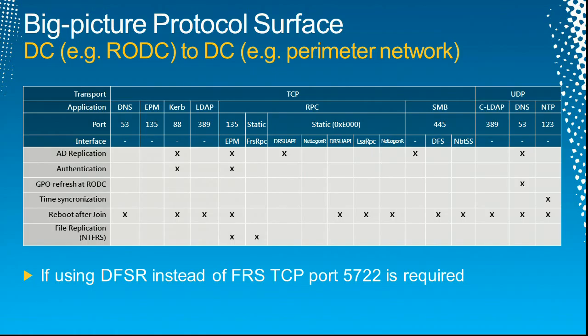Take the example of time synchronization, UDP 123, if you want the RODC chaining time requests from clients on the RODC side to a writable DC in the hub. If you are using DFSR instead of FRS, then you will need to open 5722 as well.